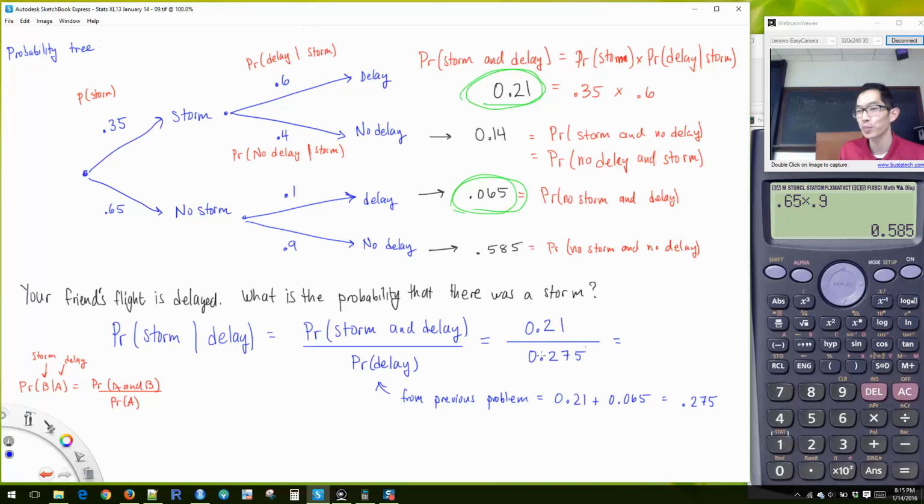Are we okay with this progression here? All right, and so our final answer is going to be 0.21 divided by 0.275, which is 0.763.